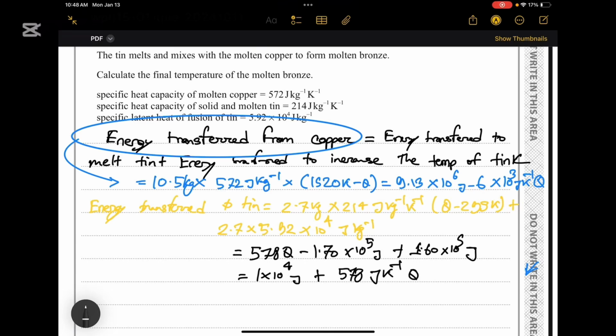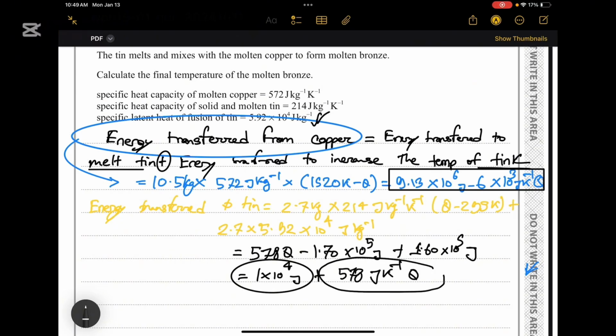Alright, so previously we figured out the energy transferred from copper. We know that the energy transferred from copper was used to melt the tin, and in addition to that to increase the temperature of the tin.